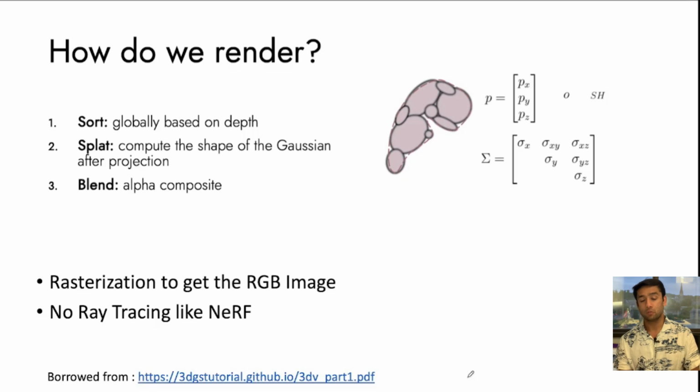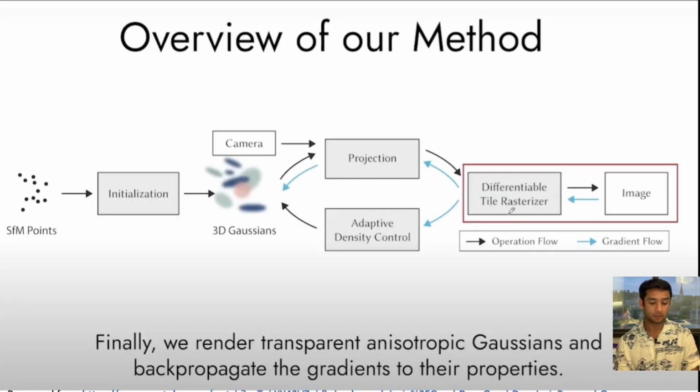Over time you will improve your Gaussian parameters and get better and better at learning that scene. But before that process, let's understand how the rendering happens. So we talked about this rasterizer.